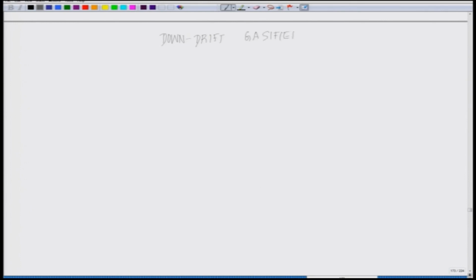Exactly, we will follow the same protocol that we followed in the previous class. First of all, we will have the schematic in front of us. That will give you a visual feel of how it looks, and I request you, whenever you get a chance, you should visit where these kinds of gasification plants are. This will be a very good experience for all of you to see how these things work.